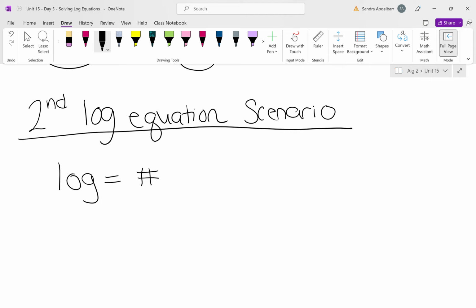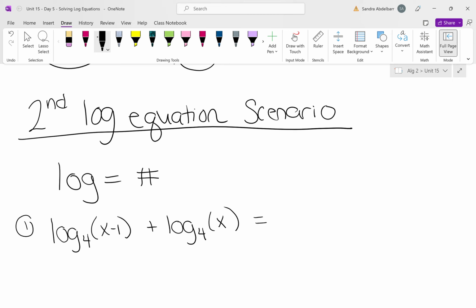Can I show you? Okay, so let's say I have log base 4 of the quantity x minus 1, plus log base 4 of x equals 1. Write it down and then we'll pay attention.